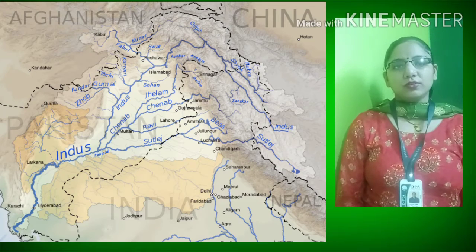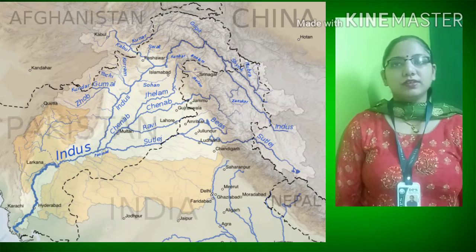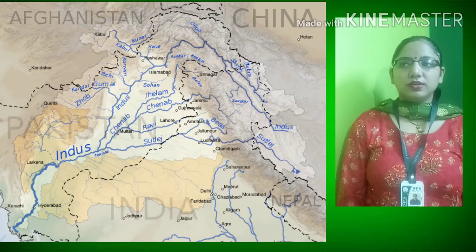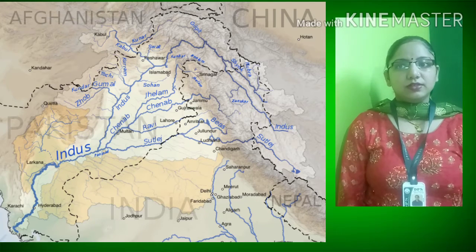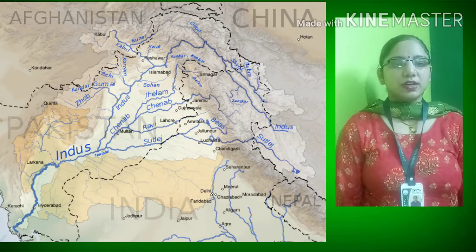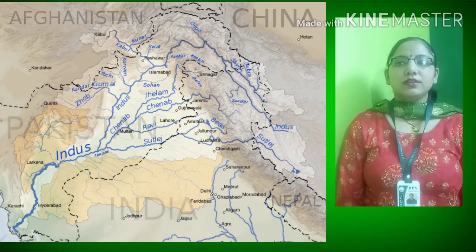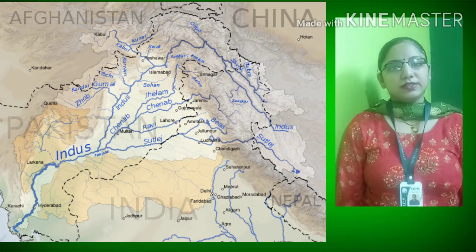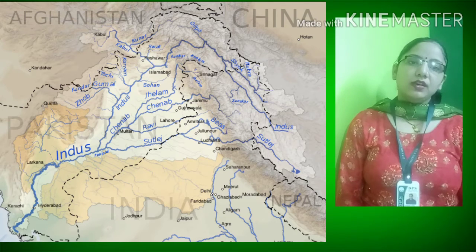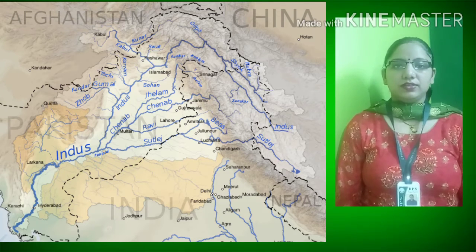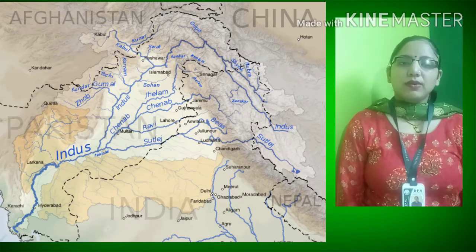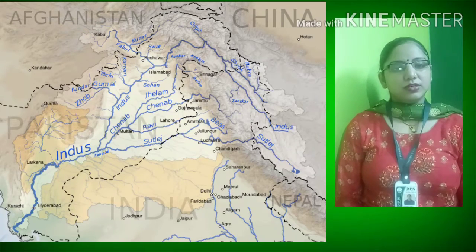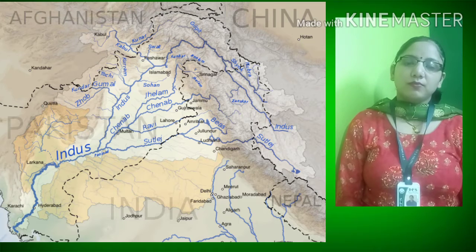If we talk about the origin, the Indus River originates in the Tibetan region, at an altitude of 4,164 meter in the Kailash mountain range. If we talk about the tributaries of the Indus River, the Jhelum is an important tributary.